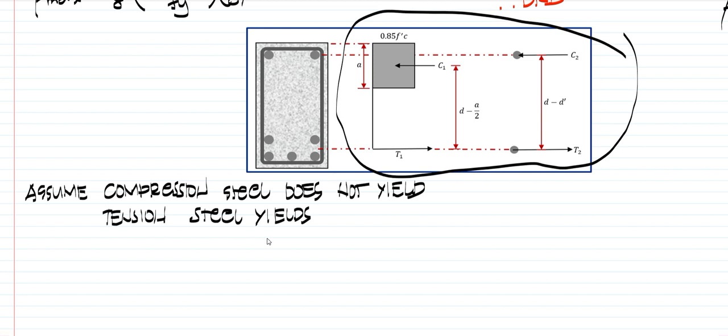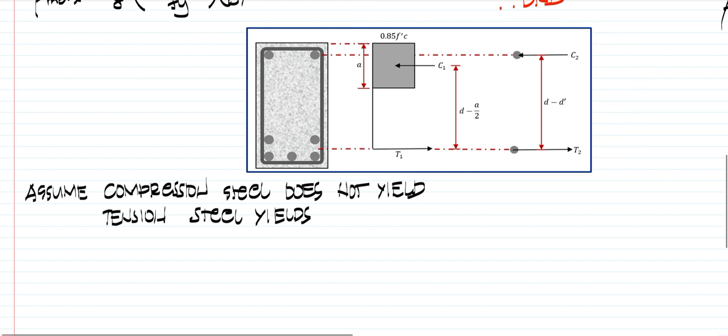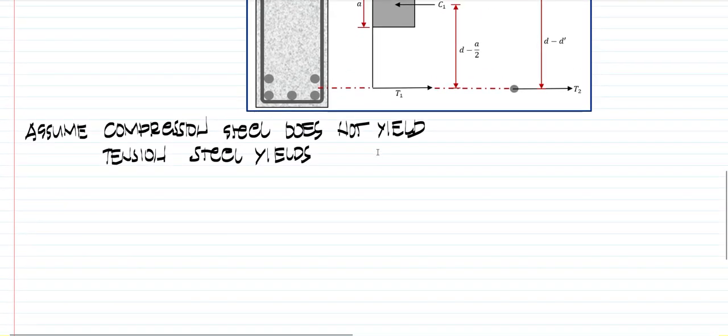So, getting those diagrams and using the static equation from these diagrams, we have C1 plus C2 equal to T, where T is T1 plus T2.